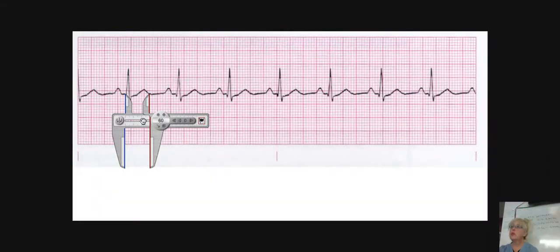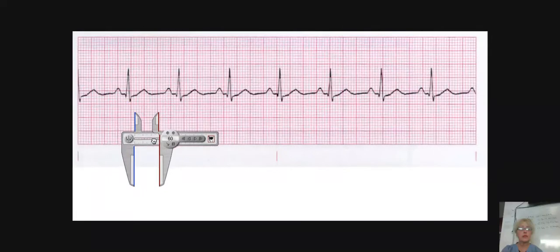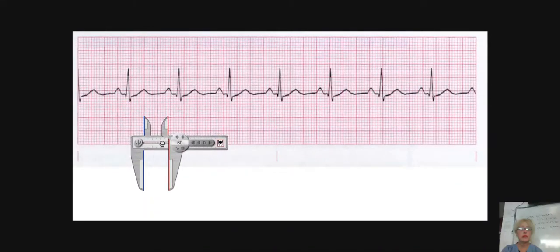We said QT is between 0.36 and 0.44, right? Let's take a look. So this is almost 40, isn't it? 0.20 and 0.20 is 0.40, right?